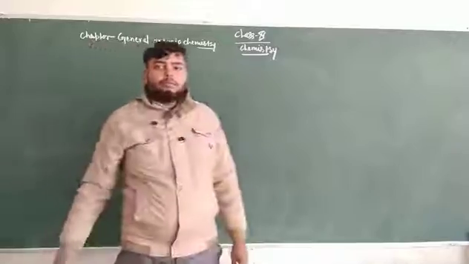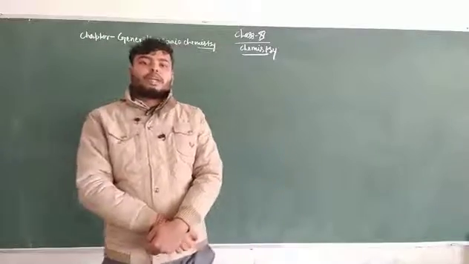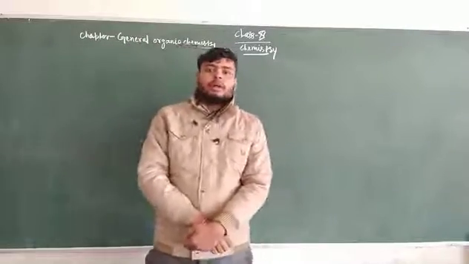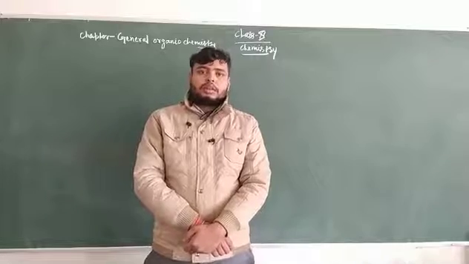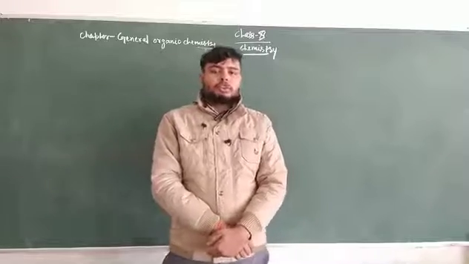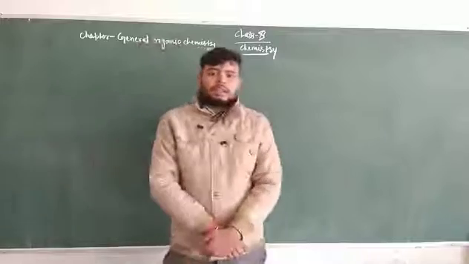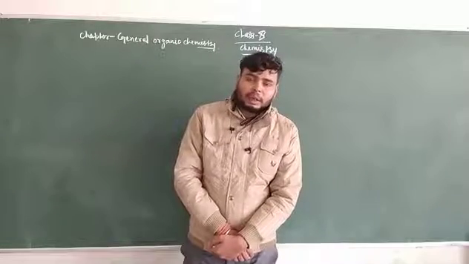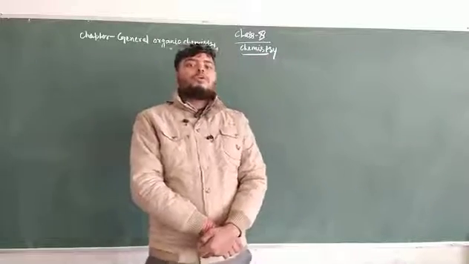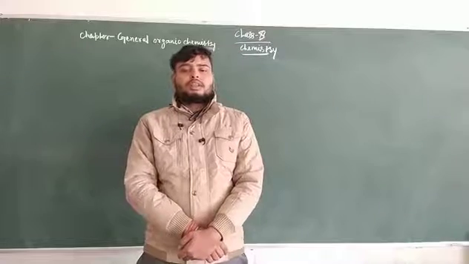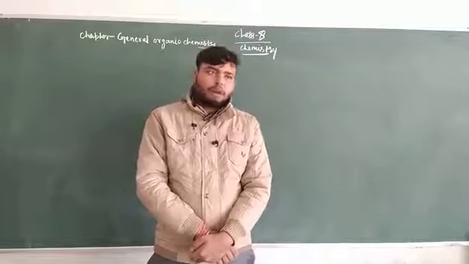So guys, in the previous lecture we studied the naming of compounds, that means nomenclature. This nomenclature is a system based on IUPAC, the International Union of Pure and Applied Chemistry, where we have to follow certain rules for naming organic compounds.